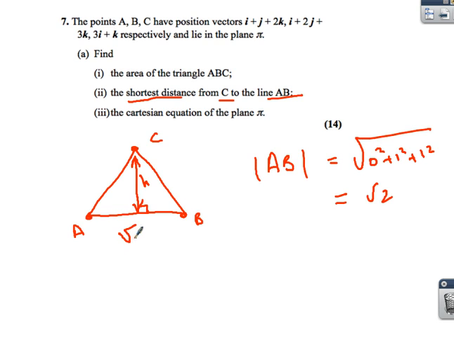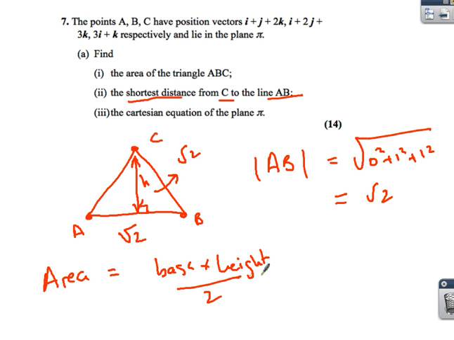So we know that the distance from A to B is root 2. And we've also just worked out that the area of the triangle is also root 2. So we know the area is root 2, we know this length is root 2. Then we just use the formula for the area of a triangle, which is area equals base times height over 2.